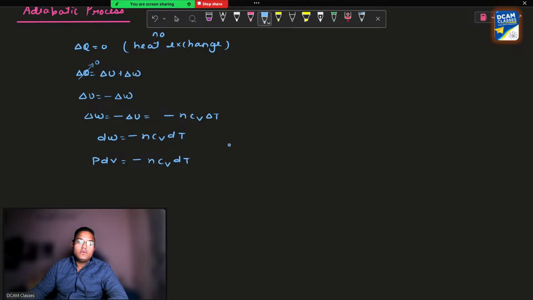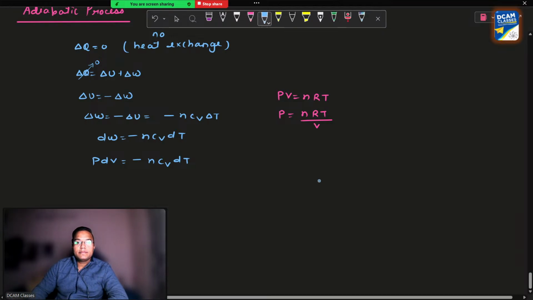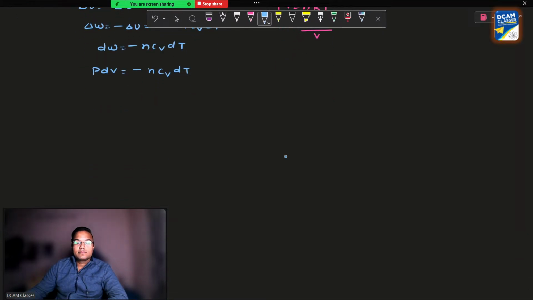Now what I will do, I'll make use of PV is equal to nRT. So P will become nRT by V. So I'll write here nRT by V dV is equal to minus nCv dT.